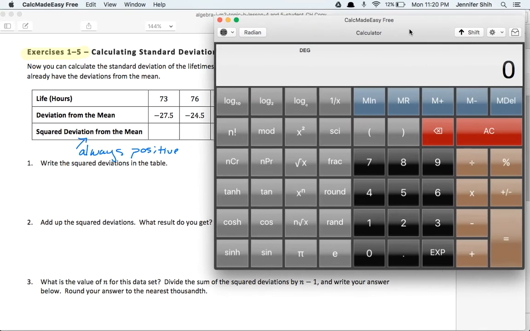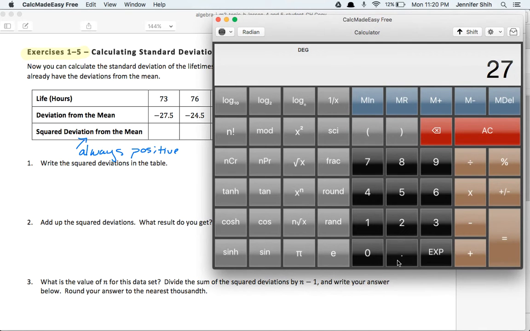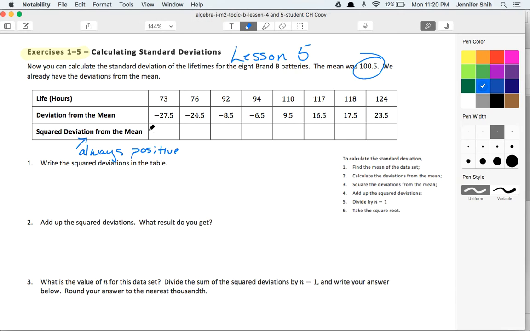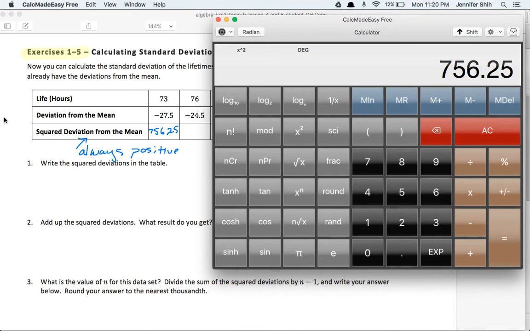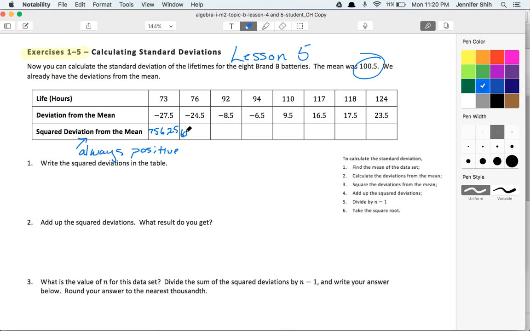All right, so let's do 27.5 squared. 756.25. Yep. Now let's do 24.5 squared. 600.25.